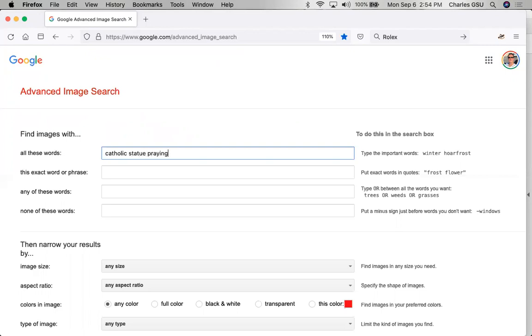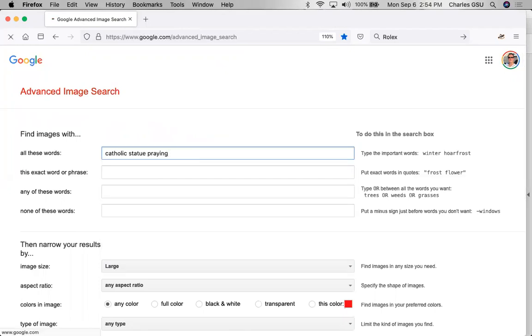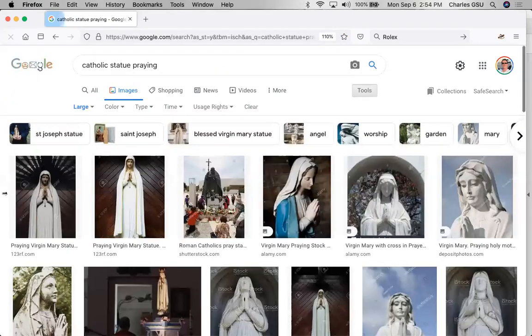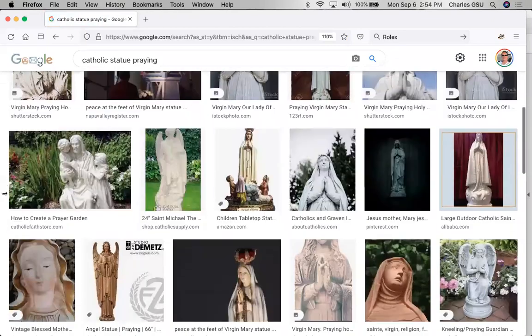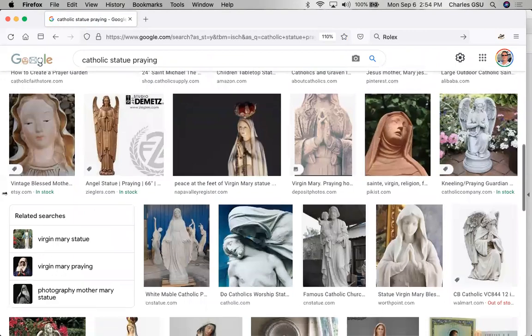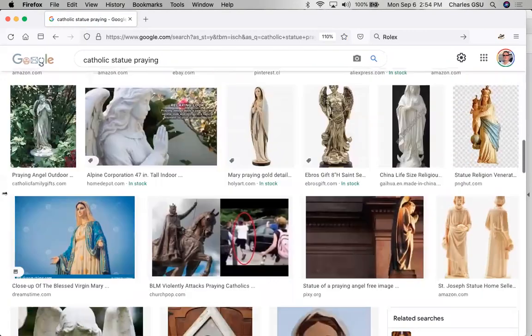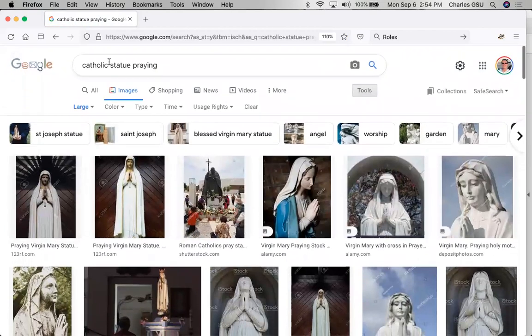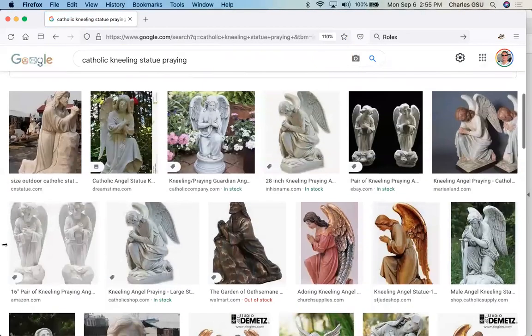Many people who are devout Catholics will go to a Catholic church, and they will kneel in front of a statue and pray to the statue, whether it's the Virgin Mary or another figure, and they may even light a candle, right?